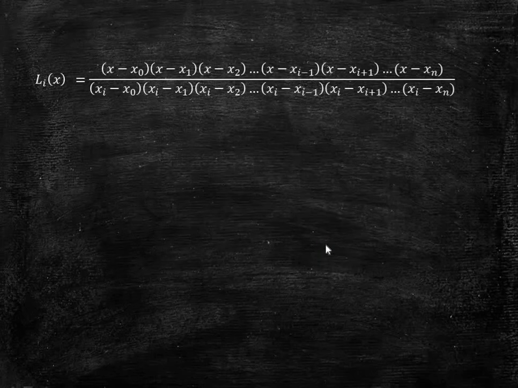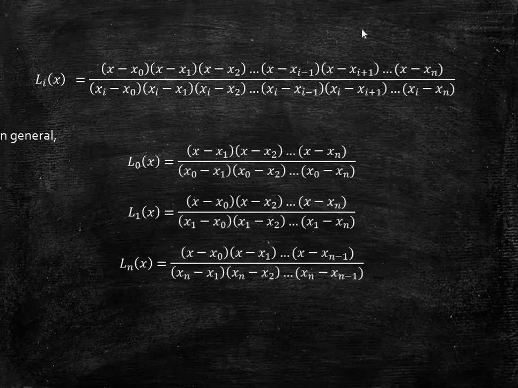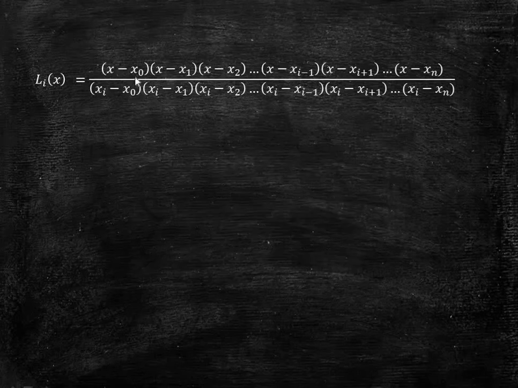So how to find the Li of x? In general, we can write Li of x as x minus x0, x minus x1, x minus x2, up to x minus xi minus 1, again x minus xi plus 1 up to x minus xn. Here we remove the term x minus xi.